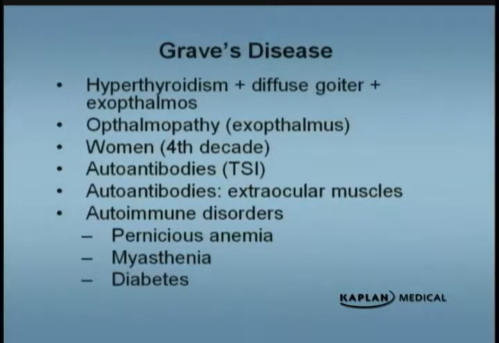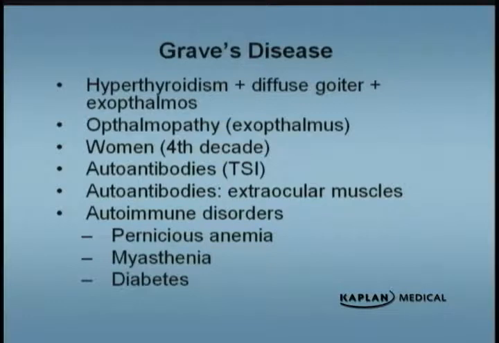The typical scenario is it occurs in women, usually in their 4th decade, but it can occur earlier or later, and it occurs sometimes in men. Now, the premise of Graves' disease is that this is an autoimmune disease. You have autoantibodies formed against the TSH receptor, and I shouldn't say against the TSH receptor, I should say antibodies that latch on and activate the TSH receptor.